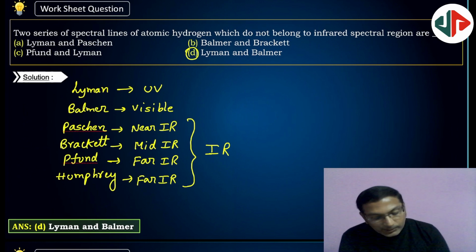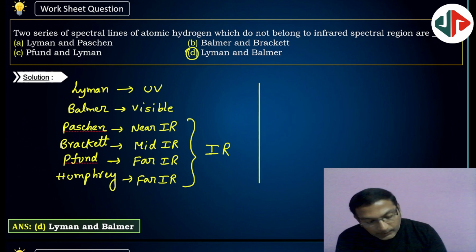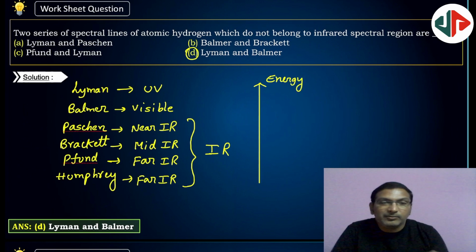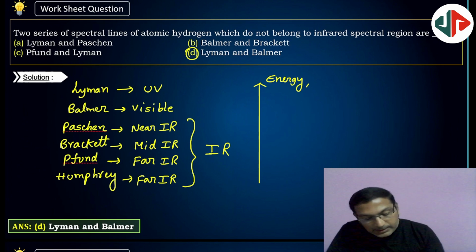So here one more point. In this direction, energy increases. Energy of any spectral line increases in this order, Humphrey to Lyman. So energy, or we can say frequency and wave number.